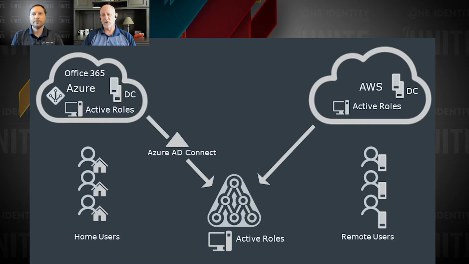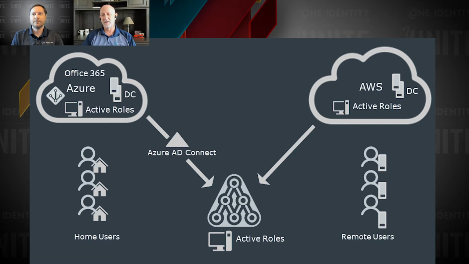So with that, let's take a quick look at a theoretical diagram of the architecture of running Active Roles in the cloud. As you can see at the center of the drawing, we've got Active Roles running on-prem, managing your local Active Directory or Active Directories as it may be, servicing users that are on-prem, home users and remote users, as well as administrators across the board.